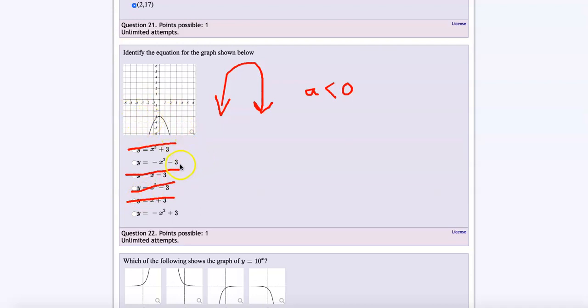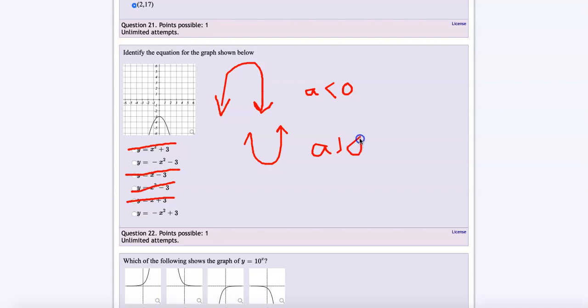So now we are left with just 2 choices. Remember, if it's a downward facing parabola, a sad parabola, the leading coefficient, the number out in front, is going to be negative. If it's a happy parabola, the leading coefficient is going to be positive.